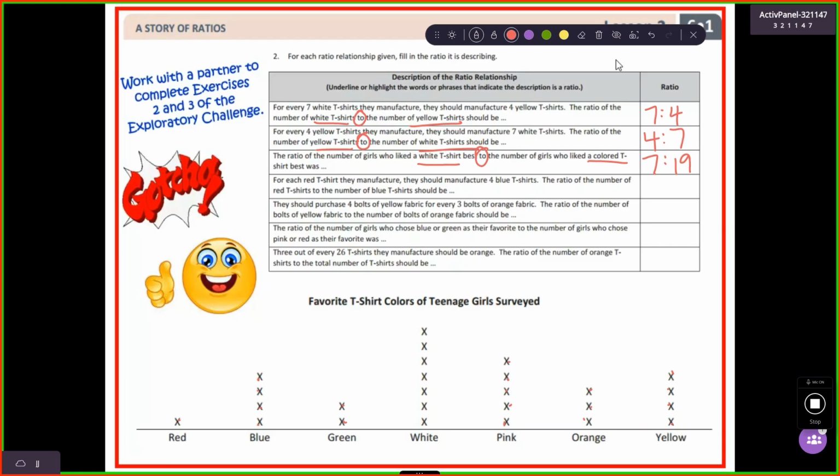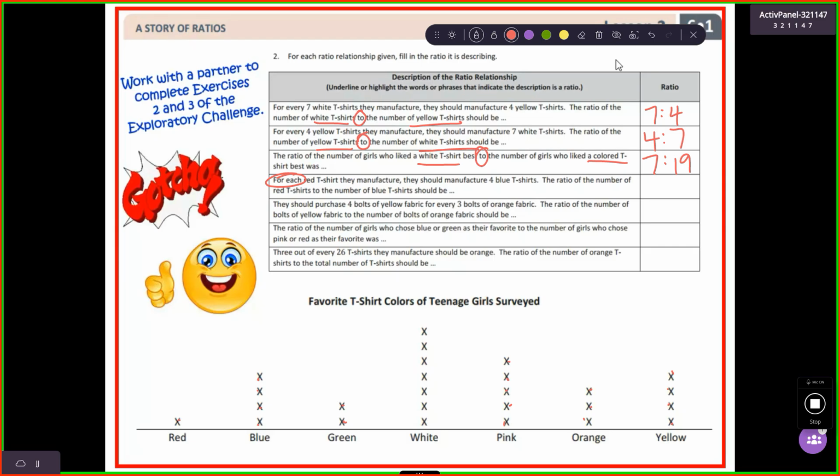I will give you a hint. This word here is like saying times as many. For each is like saying what? Times as many. Okay? So what number is important with times as many? And for each. If they don't tell you another number, the number is always going to be 1.